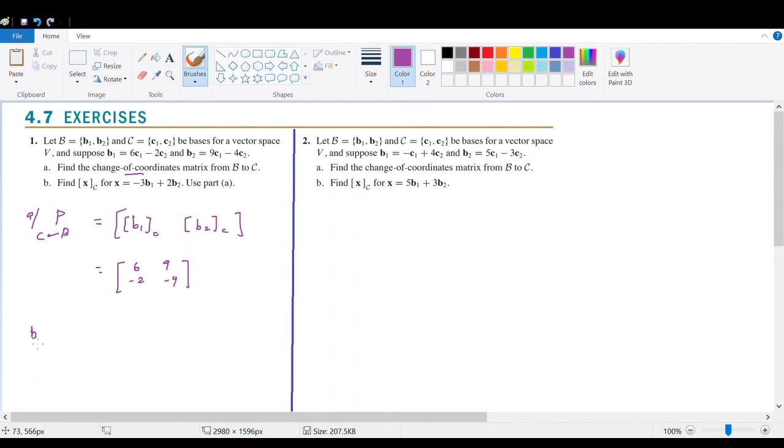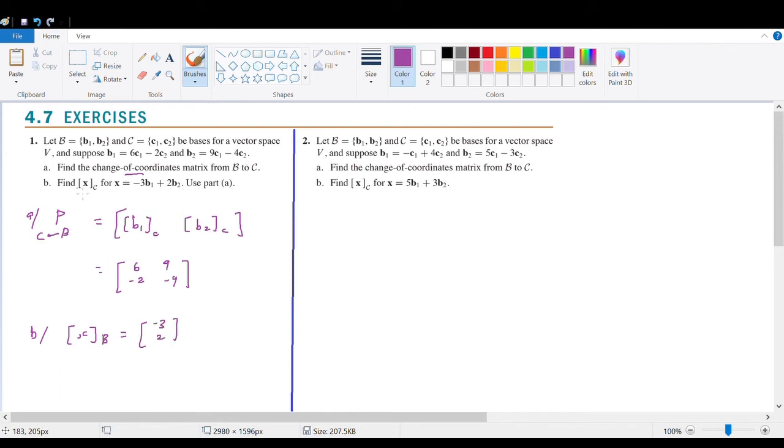Now for part B, find the coordinate vector of x to the basis C for x is equal minus 3b1 plus 2b2. So from here we know that the coordinate vector of x to the basis B is given by minus 3 and 2.